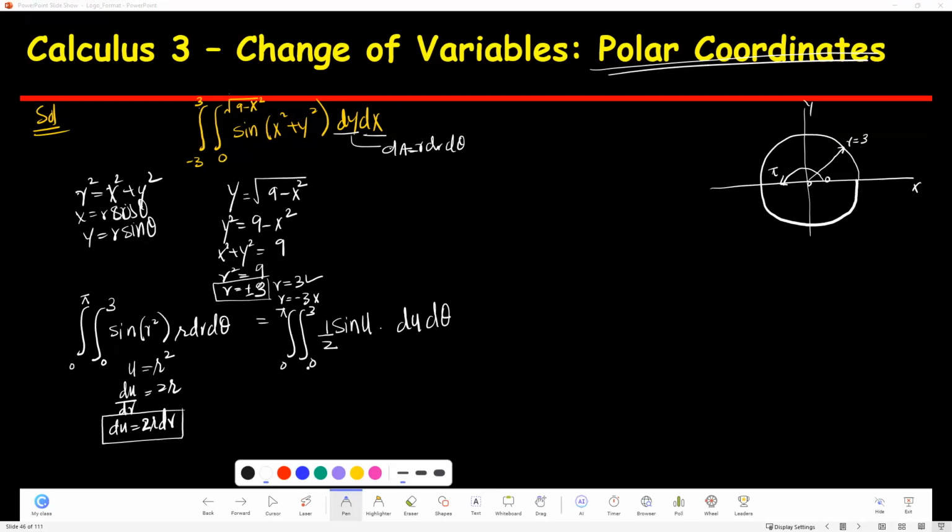Yeah. Now it's really simple to solve this one. Zero to pi, and the integral of this is going to be minus cos r square. Right, we substitute the value, and then it's going to be 3 to 0, d theta.